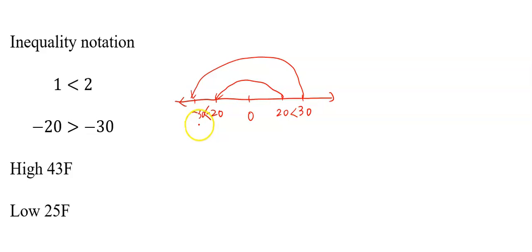that makes negative 30 smaller. Now, if you use real life examples, which also makes sense, we know 20 degrees is less than 30 degrees, but negative 30 degrees is going to be less than negative 20 because it's 30 degrees below zero, which if it's talking about the weather, the temperature, that is definitely colder than 20 degrees below zero.